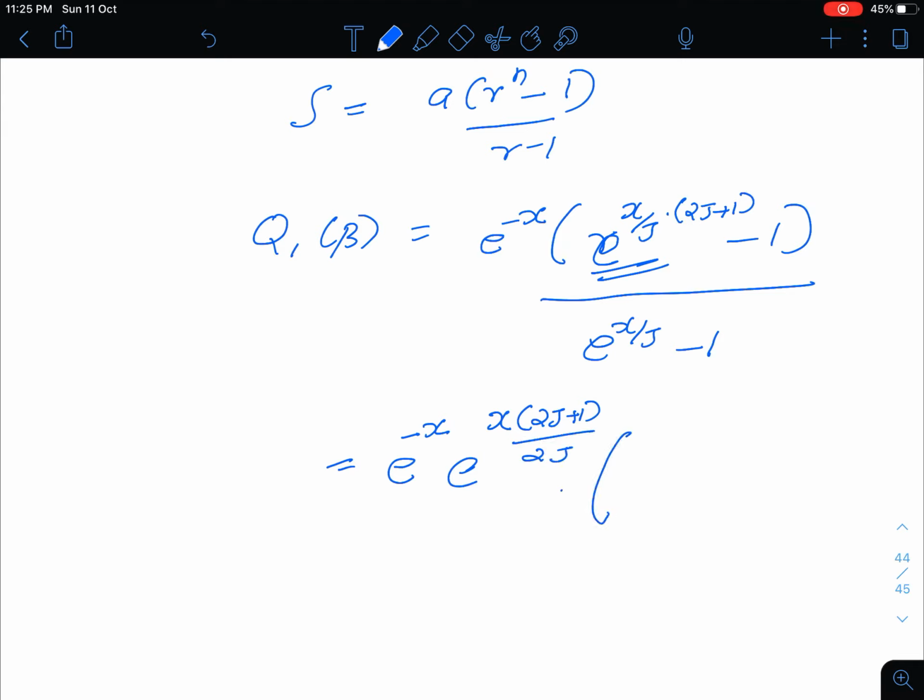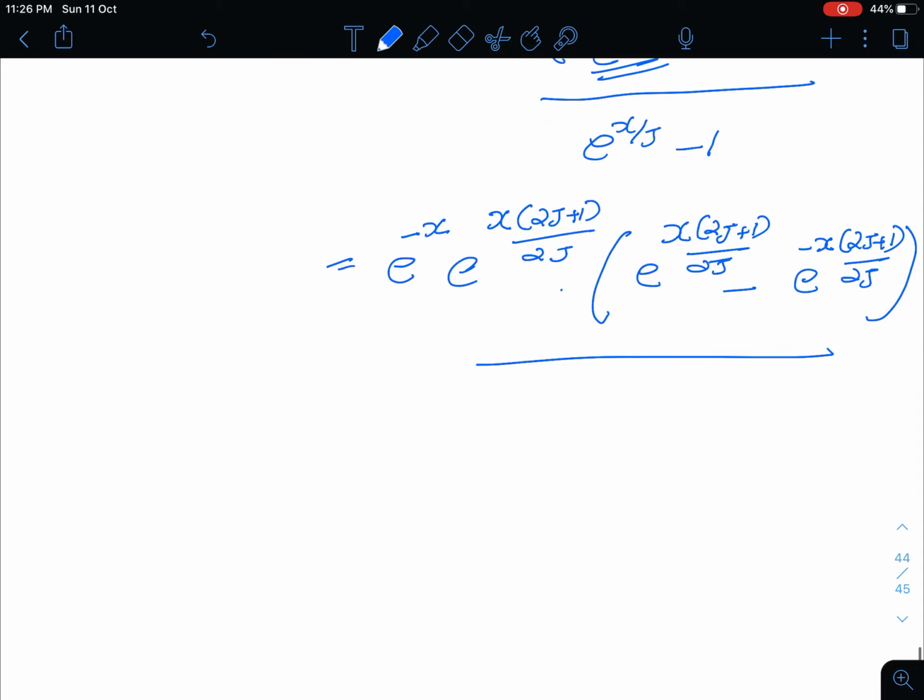Good. So that is e raised to half taken out, what remains? Half remains, (2j plus 1)/2j. Clear? Good. Minus, since we can't take it out from here, its 1 by remains. So it is simply e raised to minus x (2j plus 1)/2j.